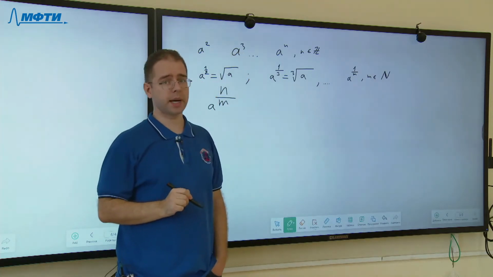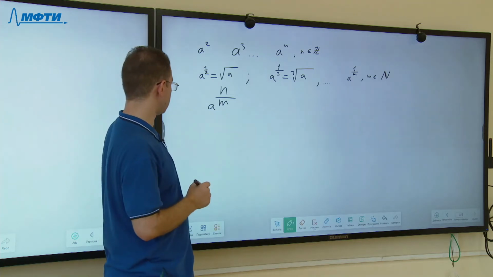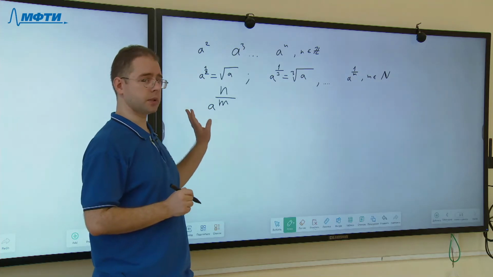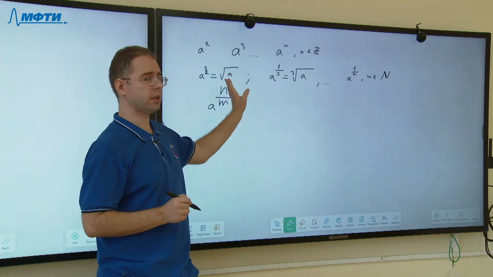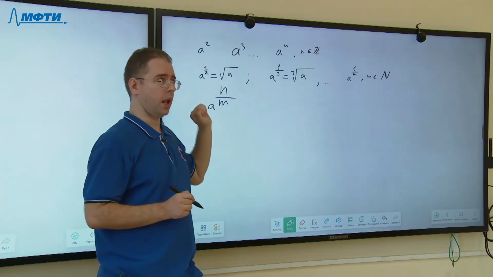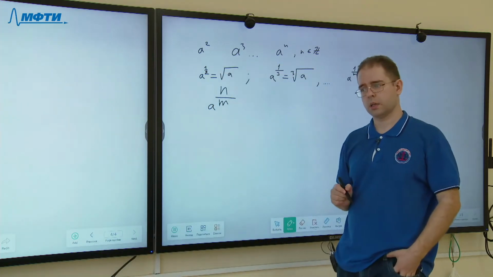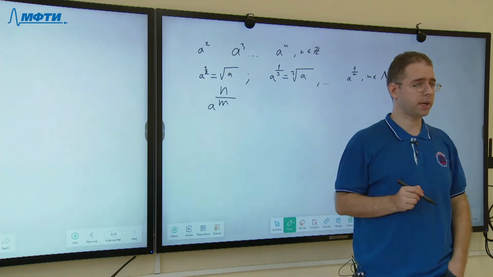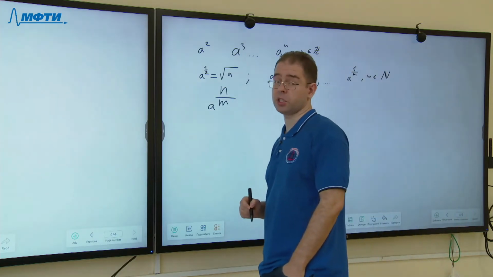And n divided by m is a rational number. So we can raise any positive number into any rational power. Now, to describe raising a number into an irrational power, I will actually have to cheat a bit.